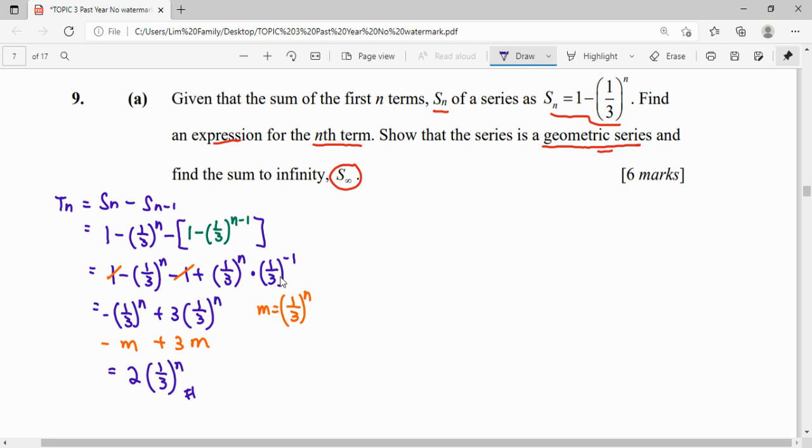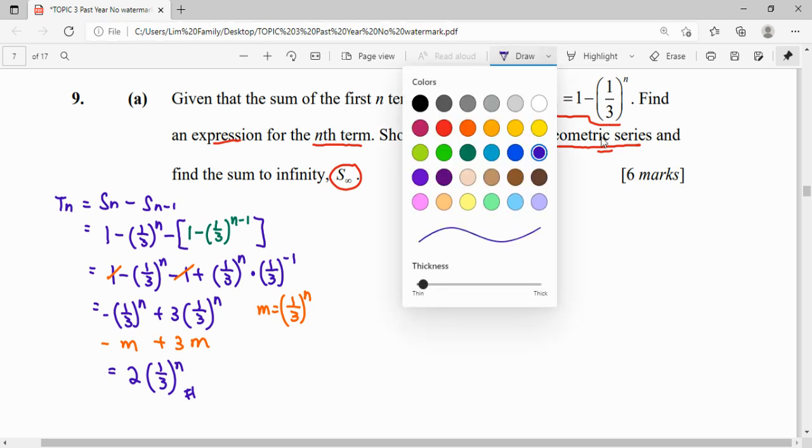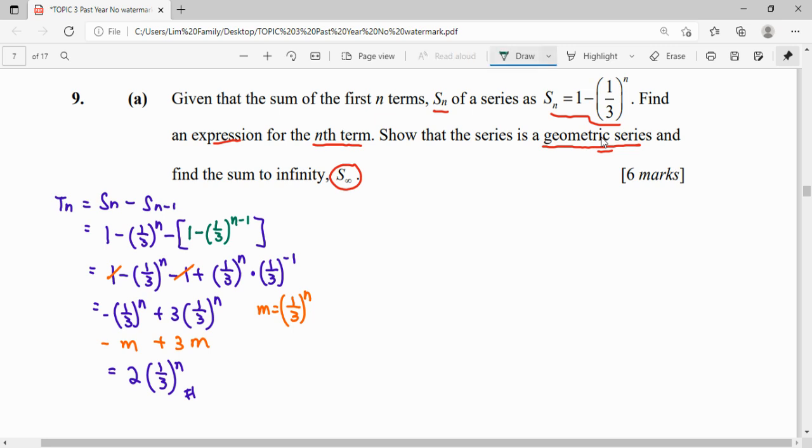Then we have to show that this is a geometric series. When you want to show that this is a geometric series, it means this series must have the characteristic of a common ratio. So when we do Tn over Tn-1, it must give a constant.